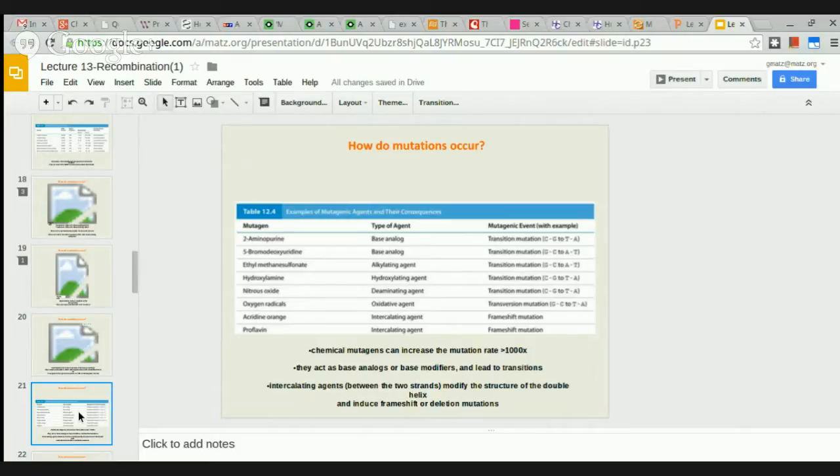So there are a number of compounds that induce greatly the number of mutations that occur in the DNA. These are used by, in fact, geneticists, if they, as I told you, use the mutation as a tool.